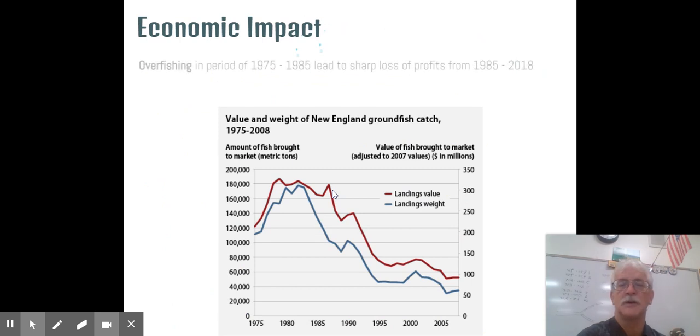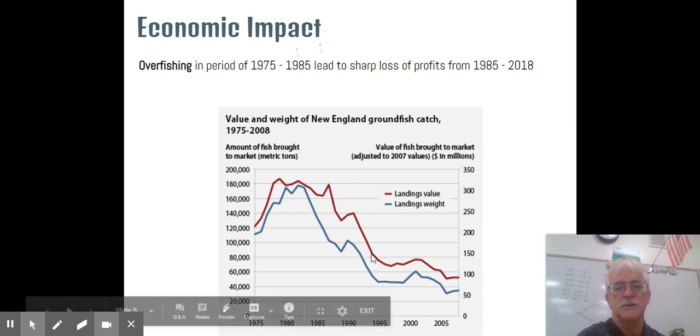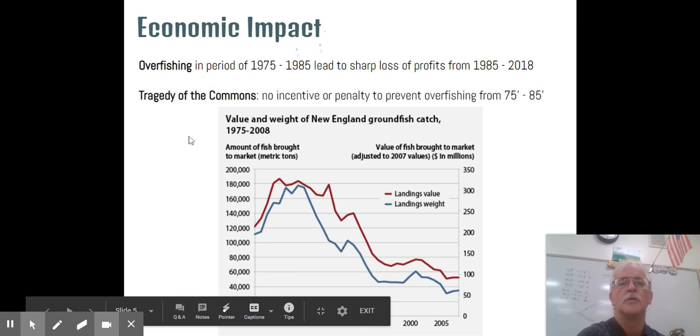So for some of the economic impact, from 1975 to 1985 there was severe overfishing. Because of that, you can see here there was huge profit between 75 and 85. But from then on, a huge decrease because the fish were gone. Why?